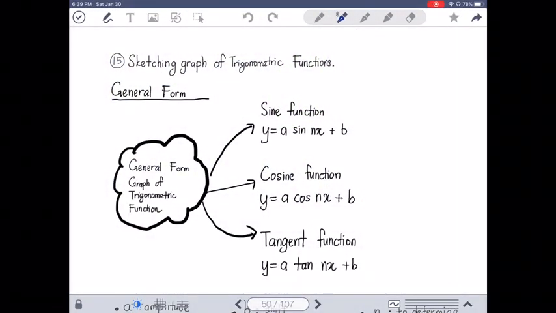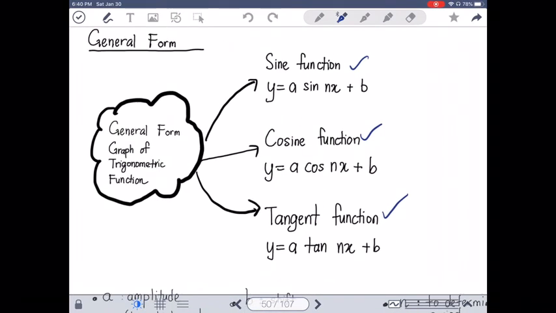Next, sketching graphs of trigonometric functions. In your syllabus, we are going to have a look at 3 types of graphs, which are the sine function, the cosine function, and the tangent function. Okay, in general, for all these types of graphs, for the sine function, we have y equals a sine nx plus b.